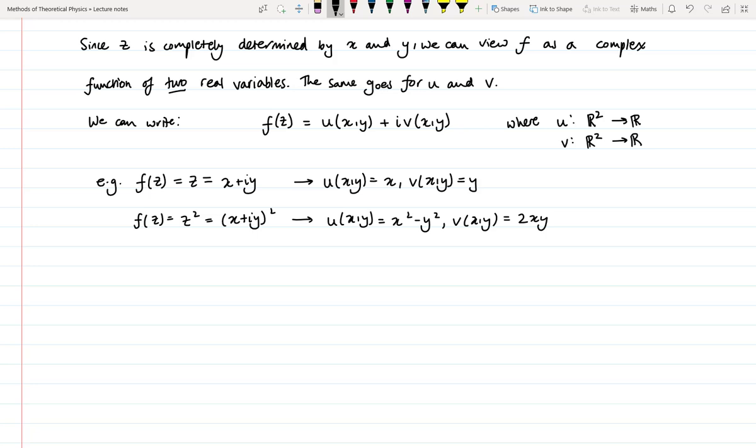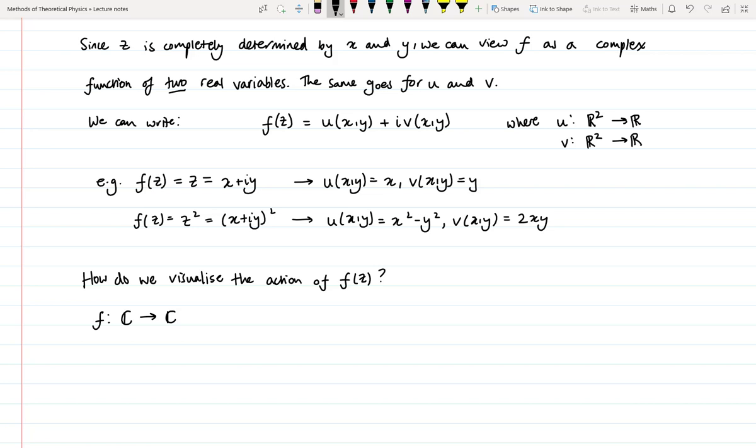The next question we want to consider is, how do we visualize the action of a complex function? Recall that our complex function maps the complex plane to the complex plane.